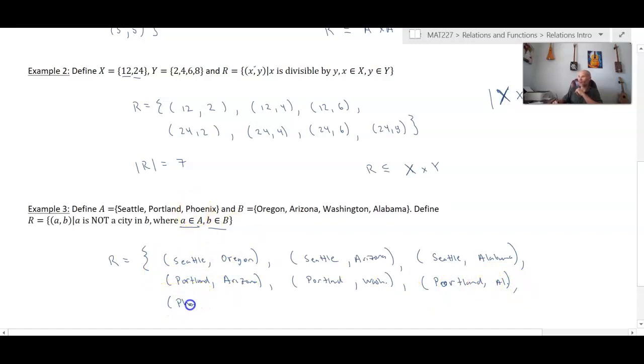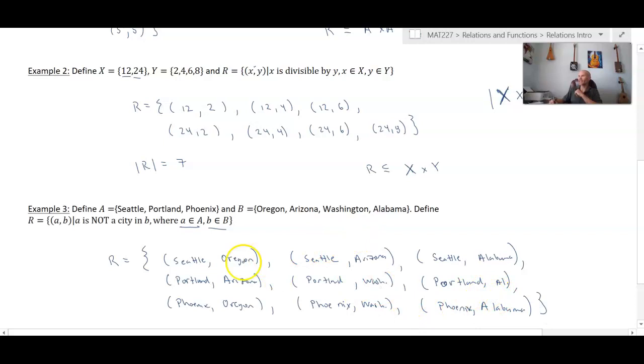Phoenix is not in Oregon, so it will be paired based on the rule that we've specified. Phoenix is in Arizona, so it will not be listed with Arizona, but it will be listed with Washington. And Phoenix, I could have abbreviated these, I don't know why I didn't, but Phoenix is not in Alabama.